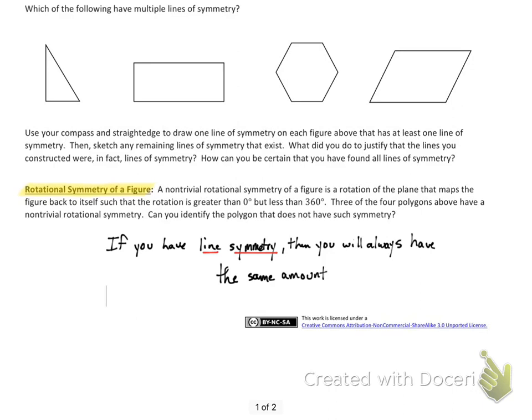You'll always have the same amount of rotational symmetry. And I'm going to really emphasize that same amount.